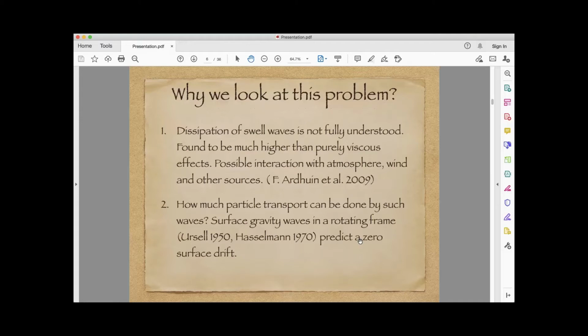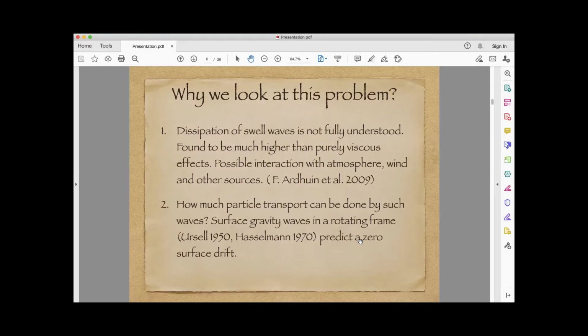Firstly, we wanted to understand how the dissipation of swell waves scales with the properties of the flow. Many people have found that the dissipation of swell waves is not fully understood. It cannot be given by pure viscous dissipation, and sometimes it can be an order of magnitude higher than pure viscous effects.